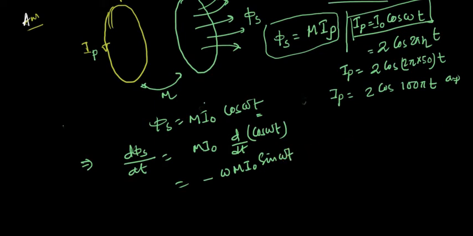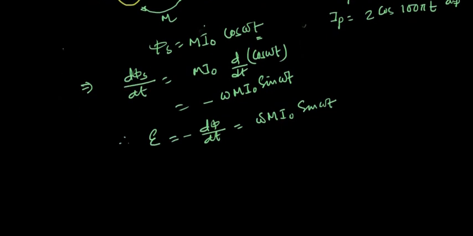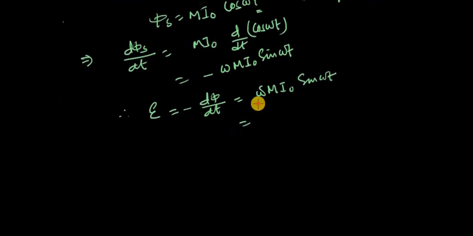From Lenz's law, induced EMF is the negative rate of change of flux, so the expression becomes plus omega M I0 sin omega t. From this we understand that the term in front is the peak value of the induced EMF, and the EMF is an alternating voltage.